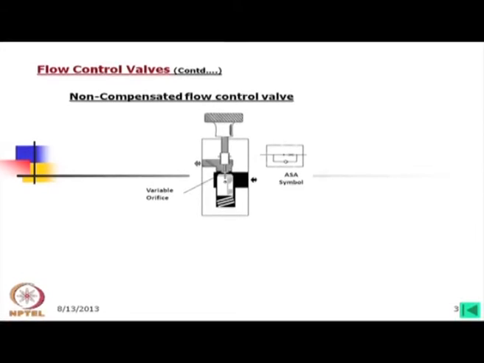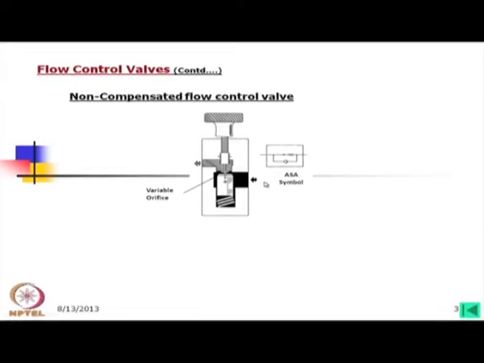Now, if we look into this figure, this is a non-compensated flow control valve. This can work both ways. This means in one way it is free flow through a check valve, but in the other way it is a flow control valve or throttle valve.